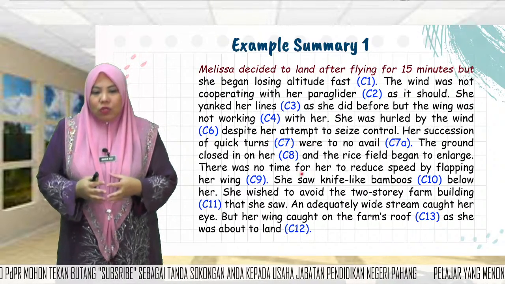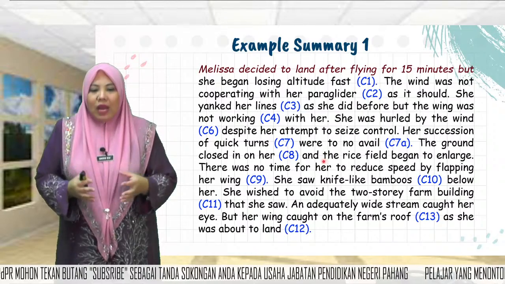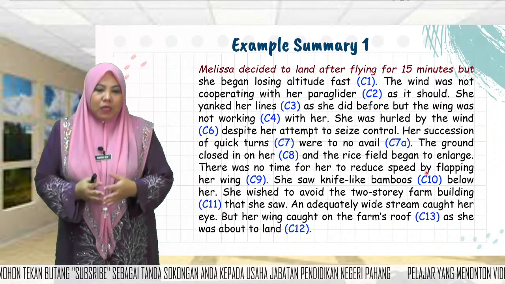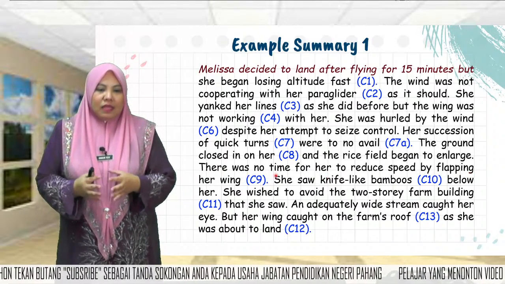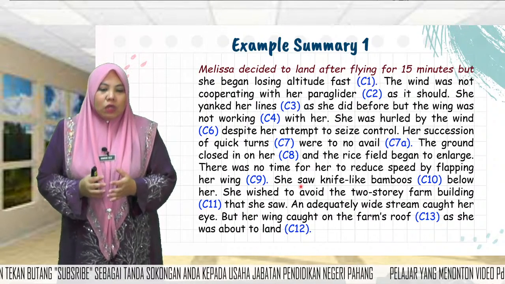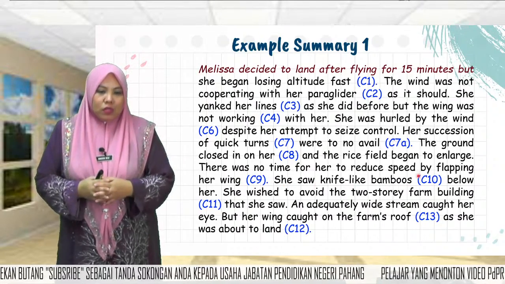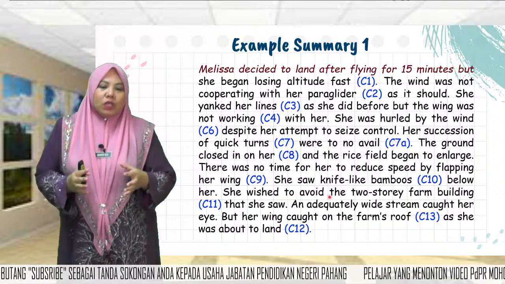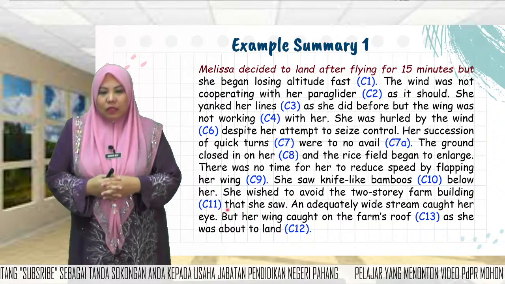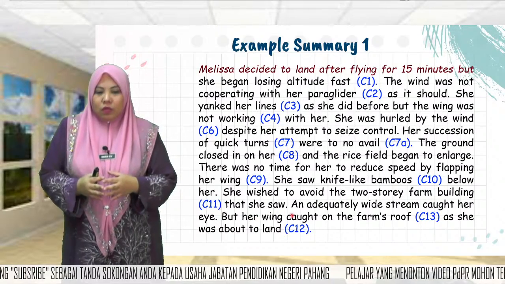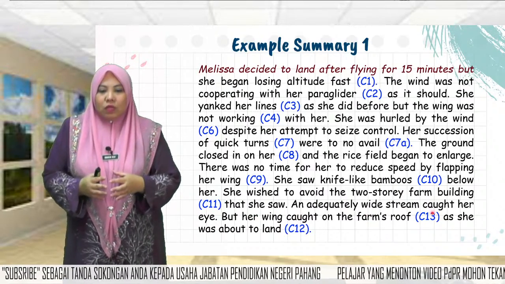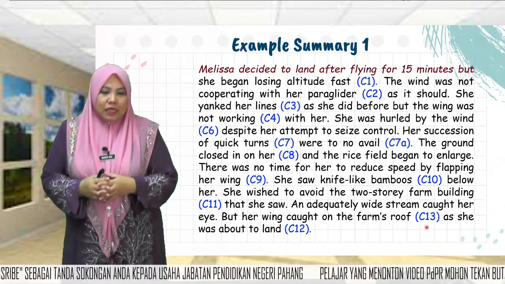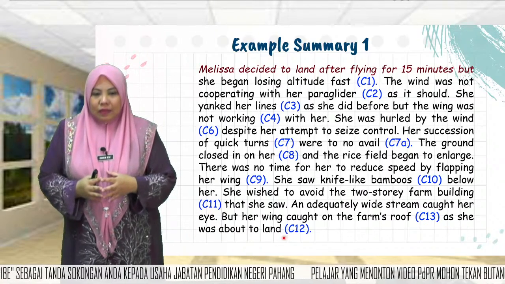The ground closed in on her, C8, and the rice field began to enlarge. There was no time for her to reduce speed by flapping her wing, that is C9. She saw knife-like bamboos, that is C10. And then below her, she wished to avoid the 2-story farm building, C11, that she saw. An adequately wide stream caught her eye, but her wing caught on the farm's roof, C13, and she was about to land, that is C12.